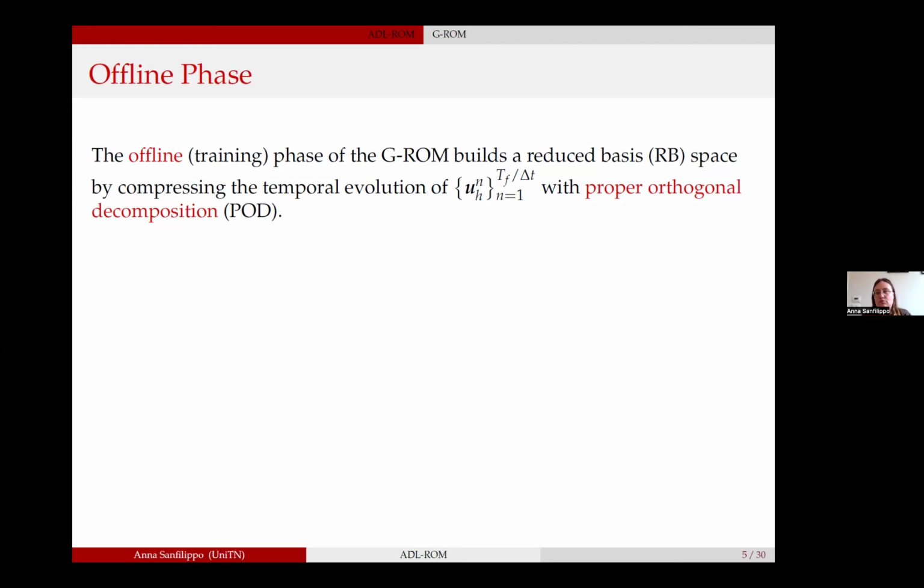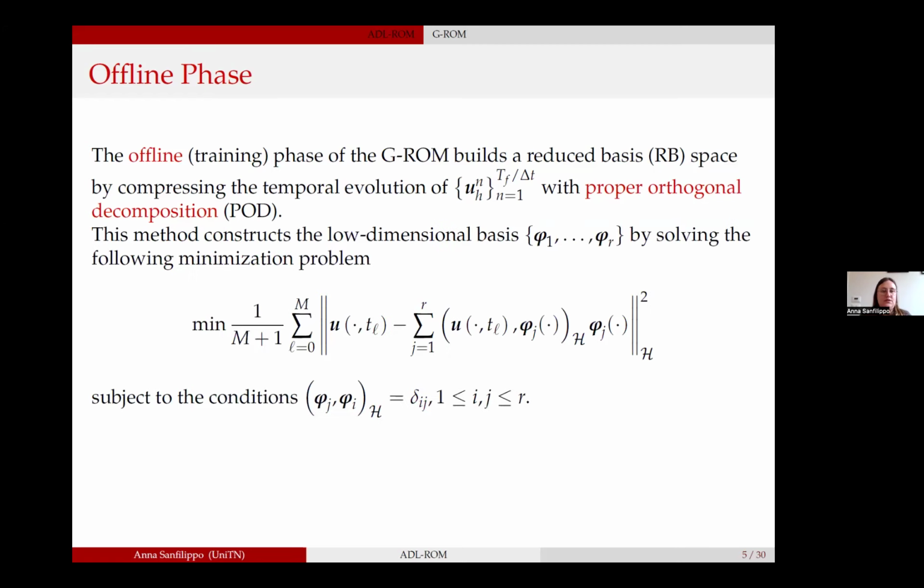So we choose a time step, we compute the finite element solution at each time step, basically, and then we compress it.